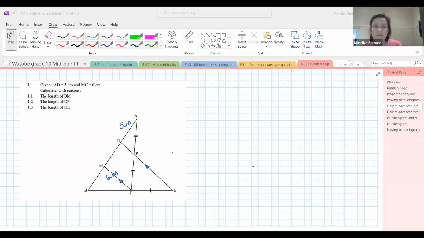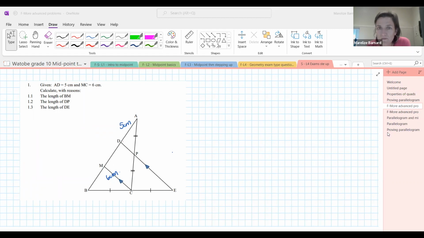Okay, Emmanuel says DE is 12 because of midpoint theorem. Good stuff. Do you have a distance for BM, Emmanuel? Anyone else? Come, guys, let's get this going. Who's got the distance of BM?